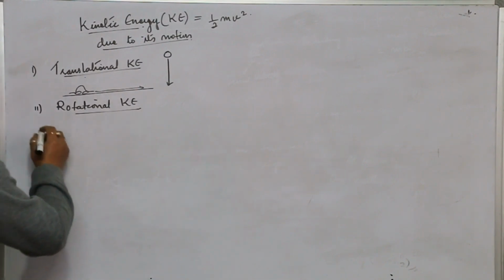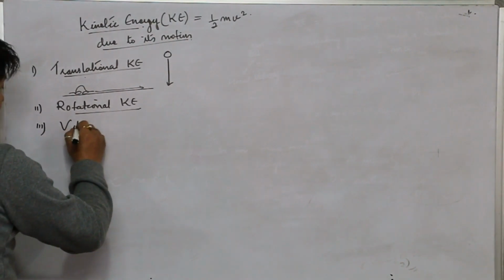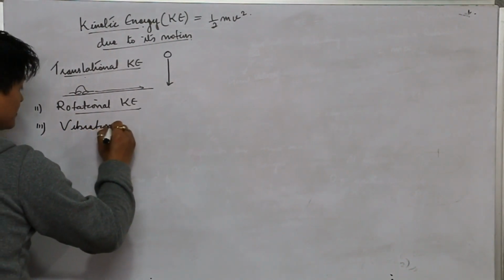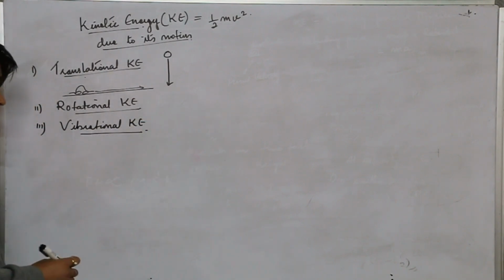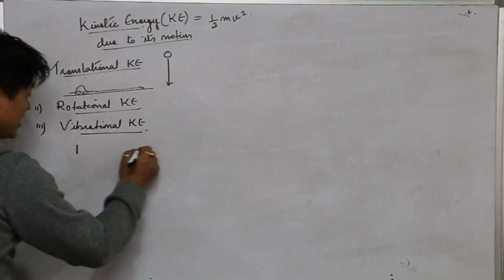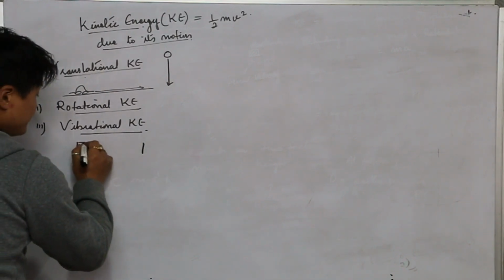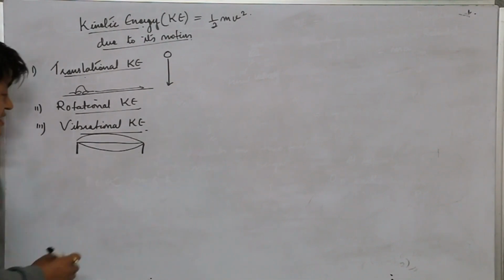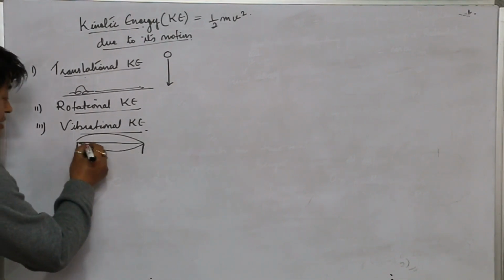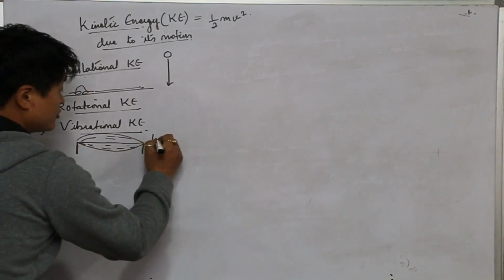And the third one is vibrational kinetic energy. Suppose we have two rigid supports and we tie a rubber band, and if we stretch it from its center, the rubber band will start vibrating to and fro.